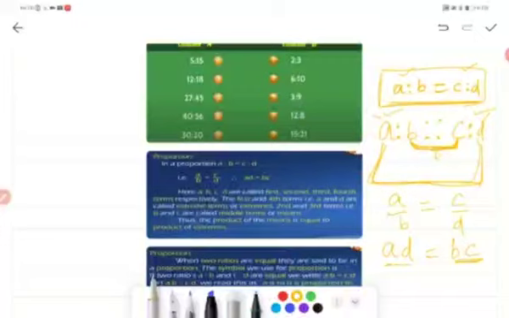So in proportion you will have a relation between the mean terms and the extreme terms: when you take the product of them, they are equal. The product of mean terms is equal to the product of extreme terms. Based on this you'll have many problems. Let's see one or two problems for today.